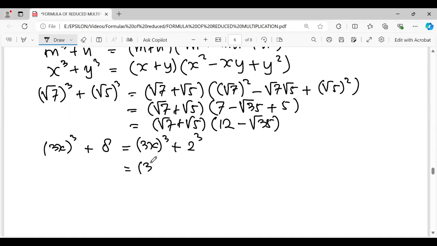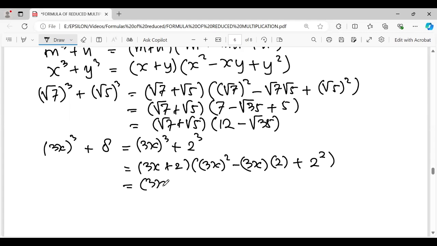It's going to be (3x plus 2) multiply (3x squared minus 3x multiply 2 plus 2 squared), which is (3x plus 2) multiply (9x squared minus 6x plus 4).